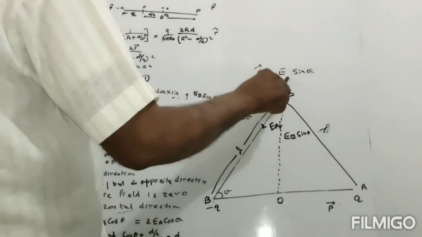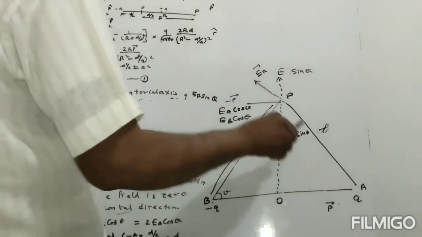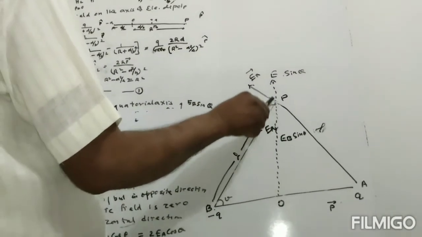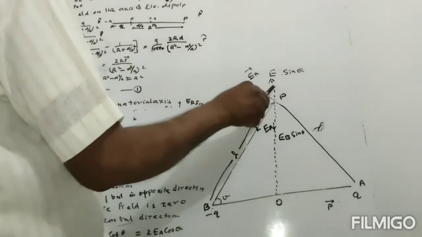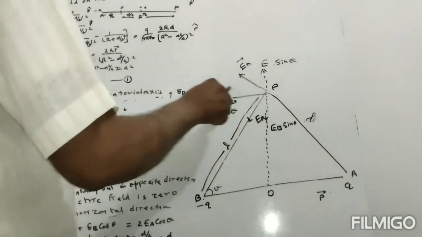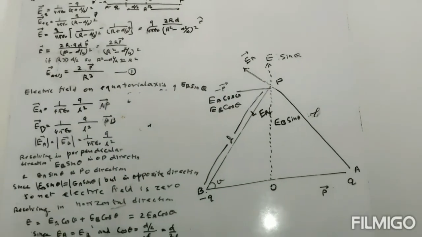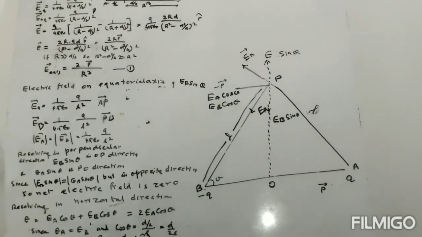Since EA sin theta is equal to EB sin theta, but they are in equal and opposite direction, they cancel. So the only electrical field will be in the horizontal direction and its value will be equal to EA cos theta plus EB cos theta.